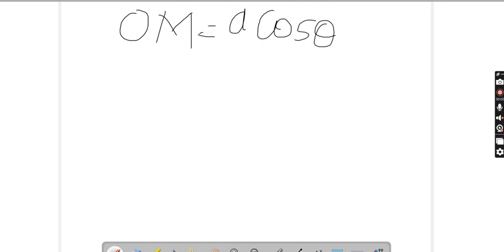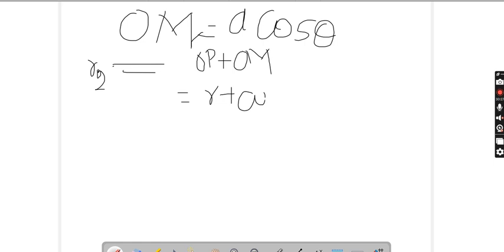So R2 will become OP plus OM. So what is OP? R plus A cos theta.